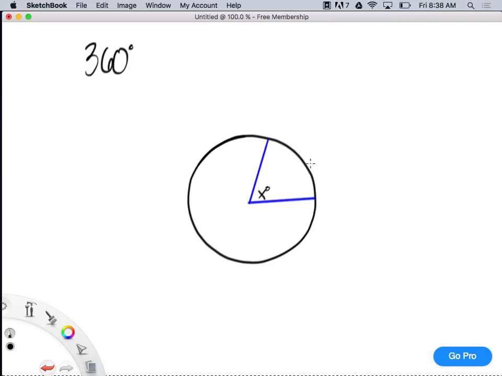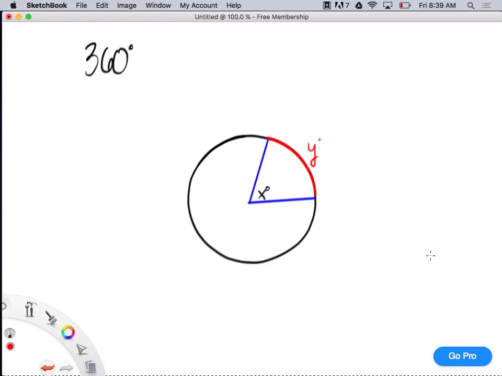Well, this arc measure here is the same number of degrees as the angle. So if I call this y degrees, x and y are the same. So if this is 40 degrees, then this is 40 degrees. If this is 100 degrees, this is 100 degrees. Does that make sense to you guys? Any questions on that?